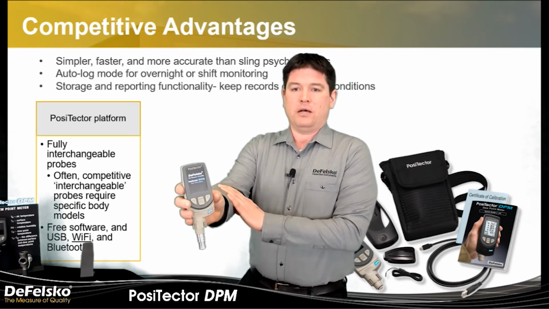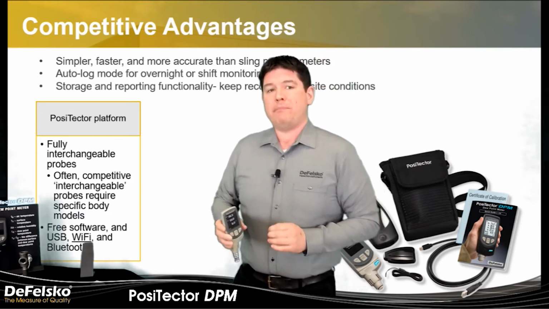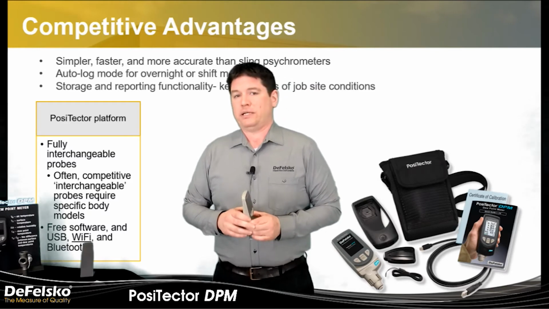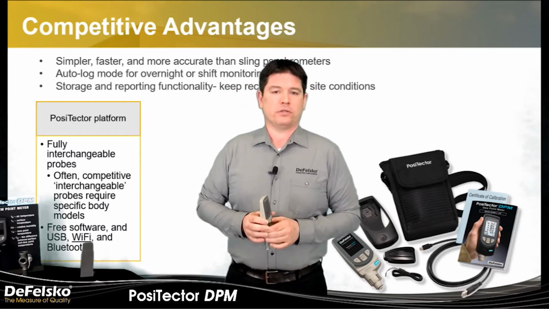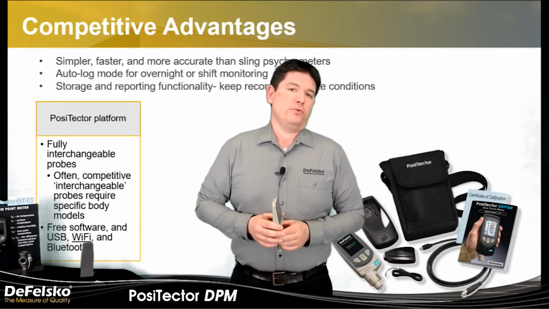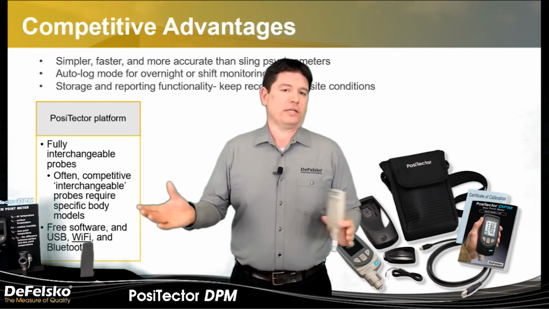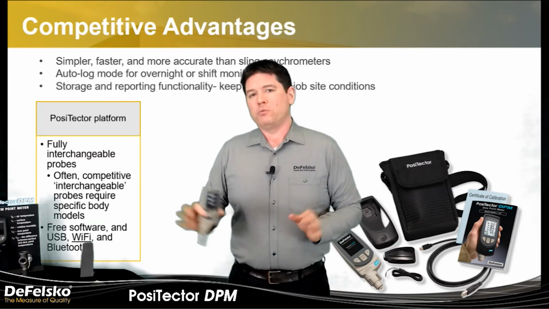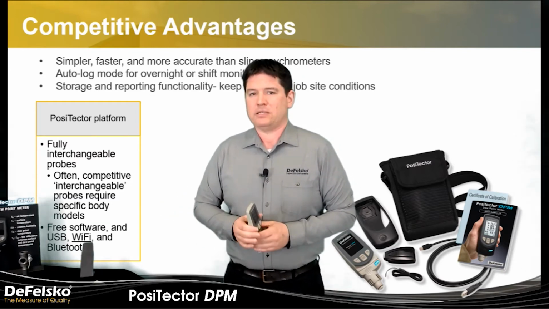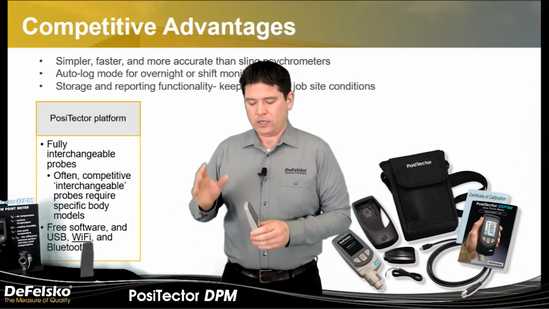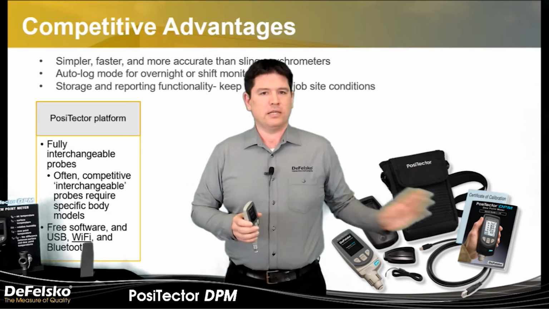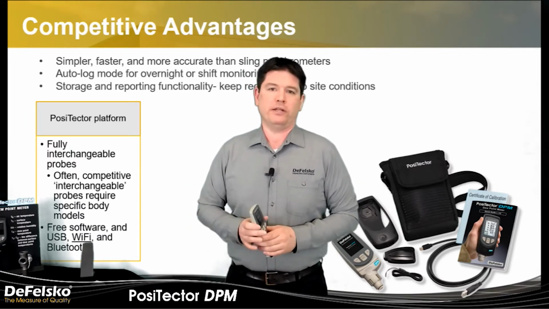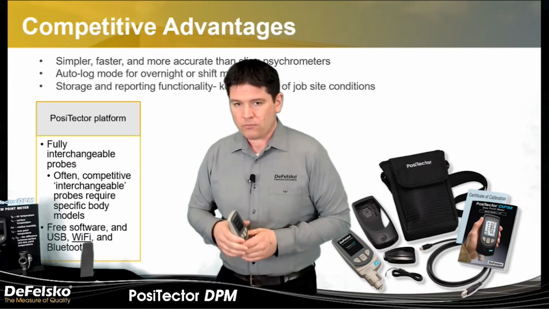It starts reading immediately. This will also happen with other probes in the PosiTector line, whether it be a PosiTector 6000 coating thickness, a PosiTector UTG wall thickness, PosiTector SST salt tester. You get the idea. The probes work interchangeably on the gauge bodies. This is a very powerful selling point. Customer buys one gauge body, several probes. They essentially have multiple instruments in one case.